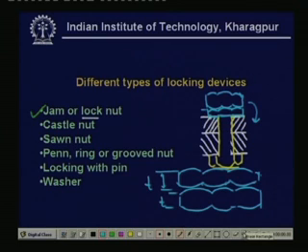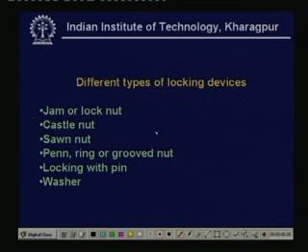The next type is known as castle nut. What is castle nut? Now, here this is a normal kind of nut, and on the top of it we have a cylindrical surface.